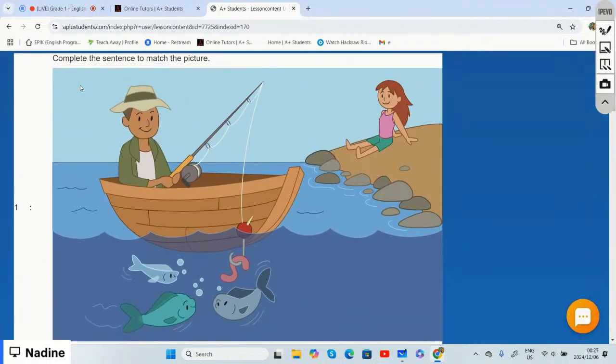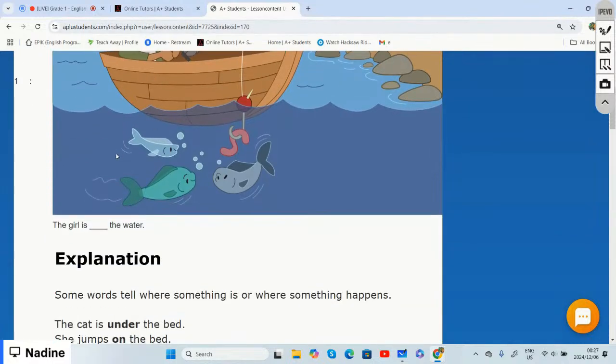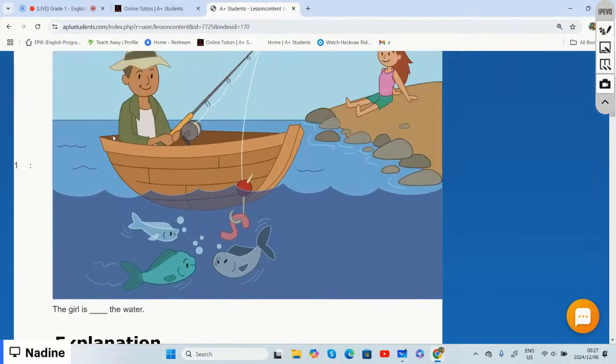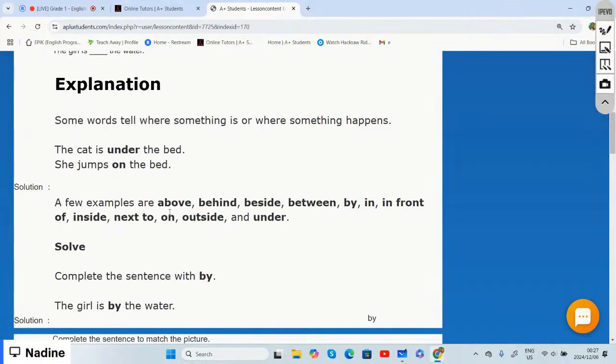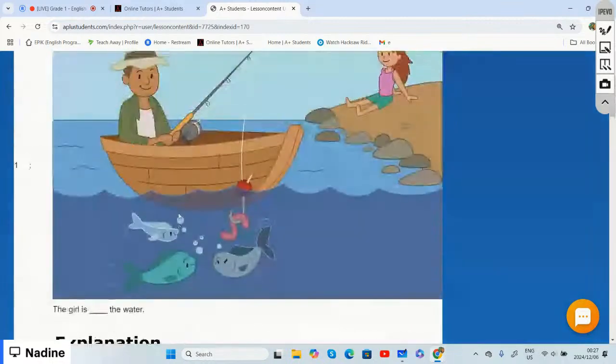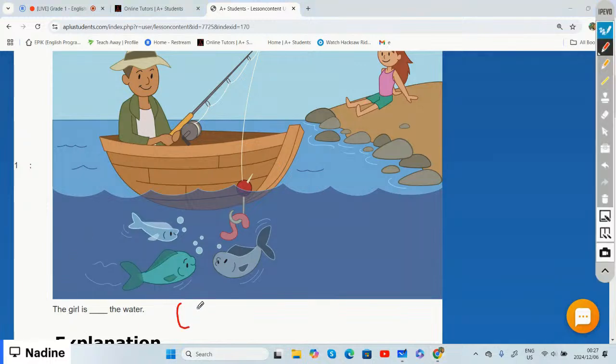If we look at this picture, it says the girl is the water. What is the preposition within that sentence? Do we say the girl is by the water, or do we say the girl is in the water?